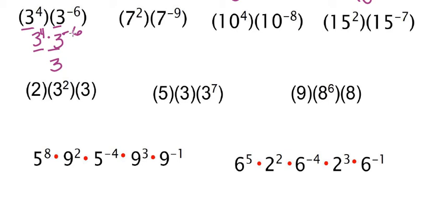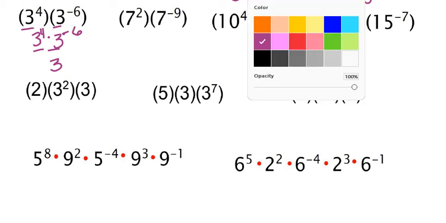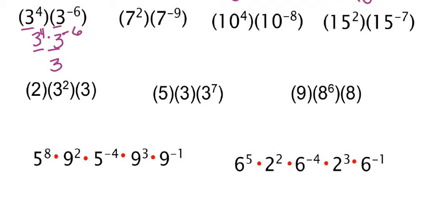So now we have to look at our exponents. So we've got 4 and negative 6. Well, we can do what we always do when we have like bases, and we can add our exponents. So when I add my exponents here, I have 4 added to negative 6. Well, 4 plus negative 6 is negative 2. So I end up with 3 to the power of negative 2.